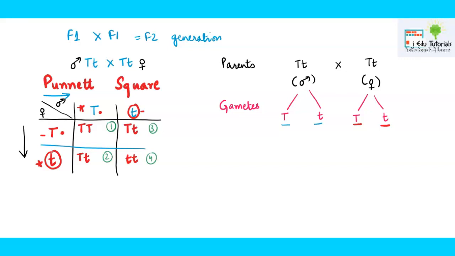Now we will be writing the phenotype. Now you can see here 2 dominant alleles are present. So of course the expression is going to be dominant, and the dominant expression was tallness, or tall only. Here the expression is capital T small t. So one dominant allele is there, that means the expression will be dominant only.